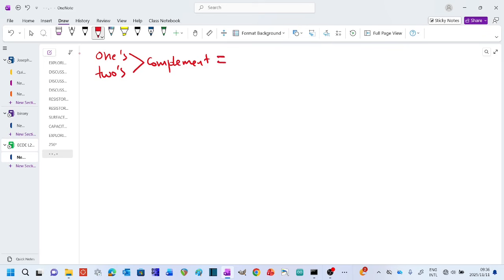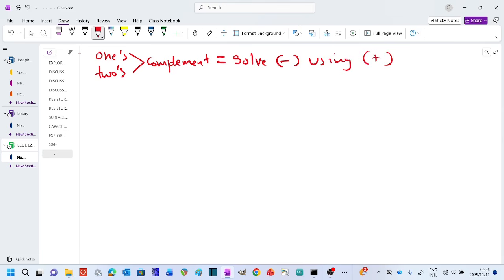It's only a method of solving subtraction problems using addition. That's what we do here. We solve subtraction problems using addition with 1's and 2's complement.